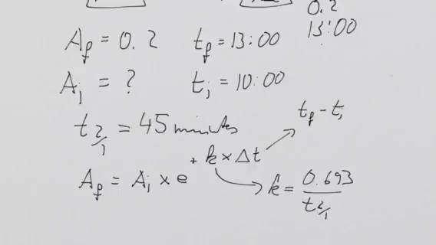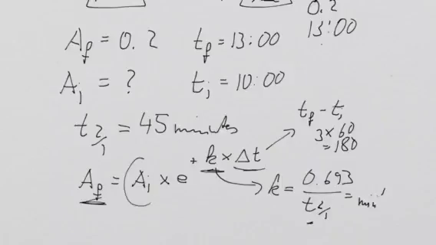And we have A final, we have k, we have T. So in this case it would be 3 hours, and 3 hours is 3 times 60 minutes equals 180 minutes. And our k would be given in minute to the minus 1, because we've got minutes down here.